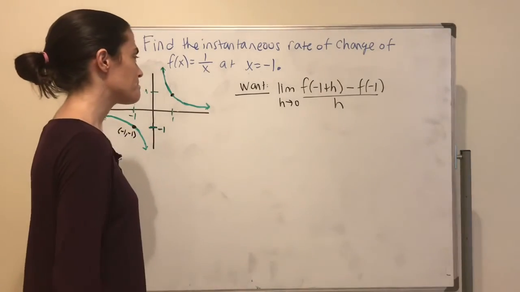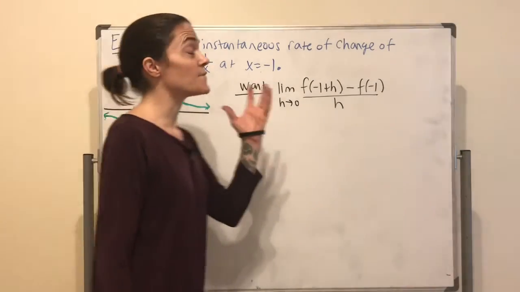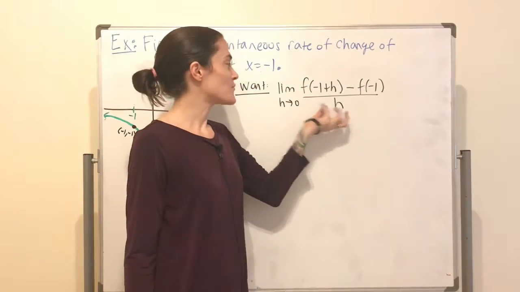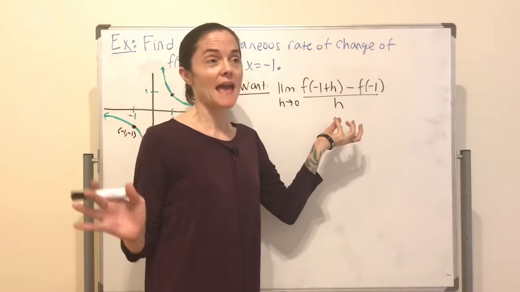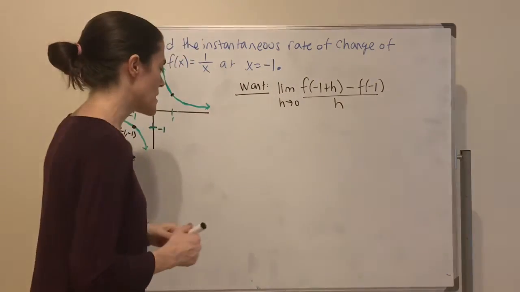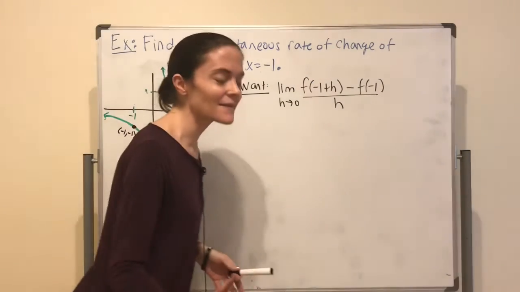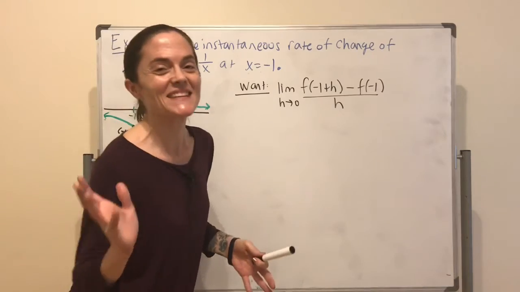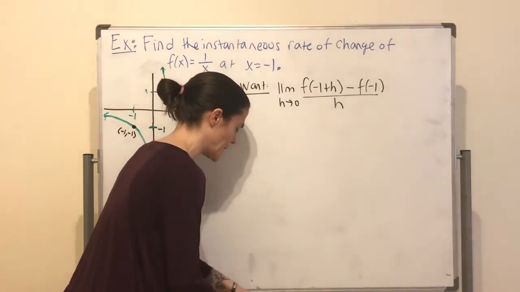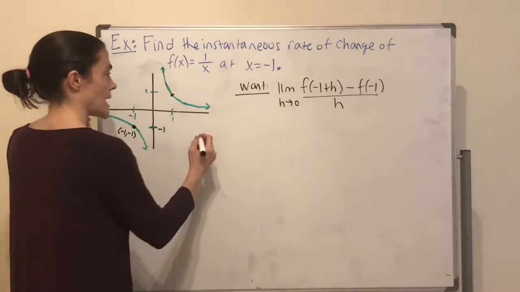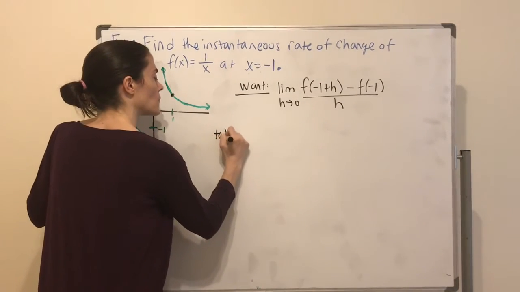Now, before I work with this generally with h, I'm going to first think about making a table which parallels the discussion we did in Desmos, gives us an idea of what the limit should be. So let's use a table.